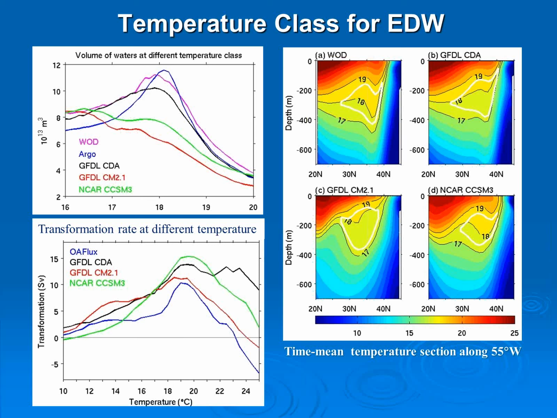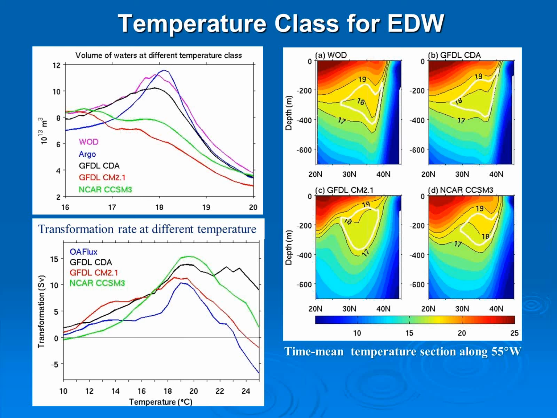The volume increases toward cold water, but you do see a local peak well within 17 to 19 degrees C. On the right is an example of the temperature section around 55 degrees west. This is the time mean. You see that the thick isothermal layers all fall into 17 to 19 C.